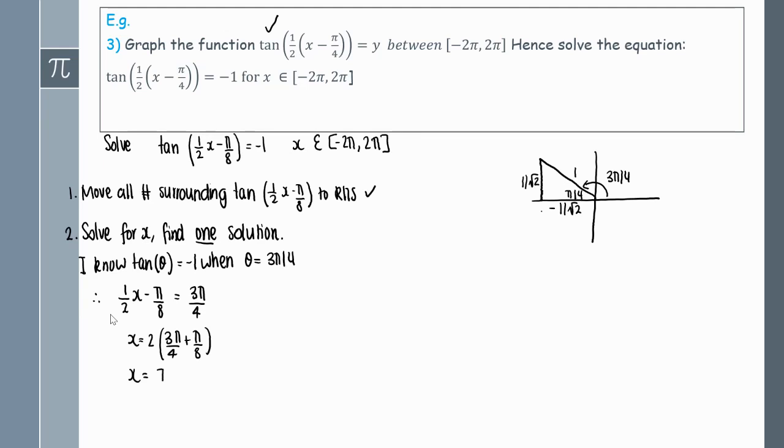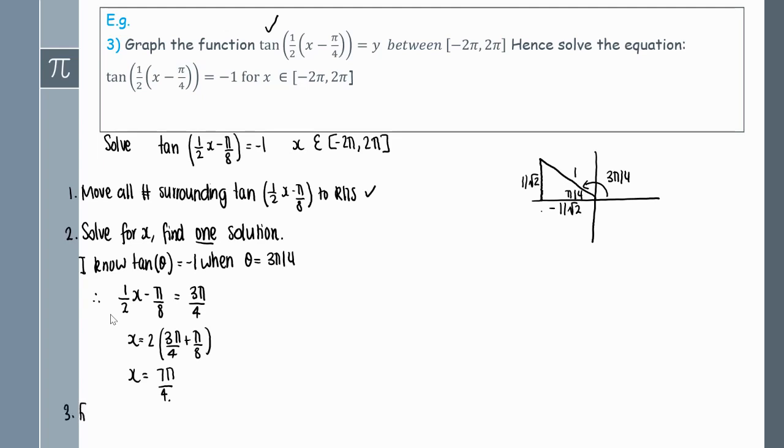And I think it's about 7 pi all over 4. And that's just one solution of my equation. And notice it lands within the domain minus 2 pi and 2 pi, so I think that's okay.